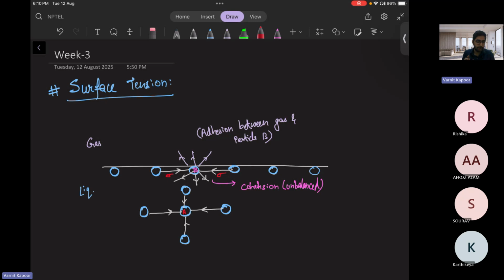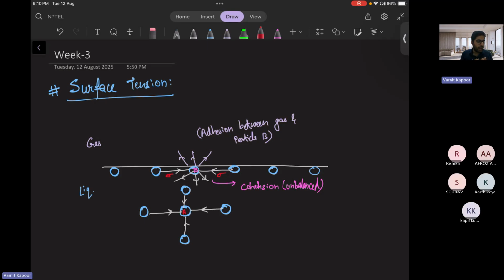All right. So this surface tension is only due to cohesion, as adhesion is only responsible for surface tension intensity. Okay. Surface tension is only due to cohesion. I'll write here. Just hold on.